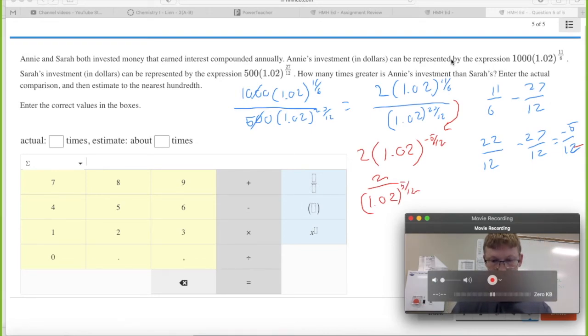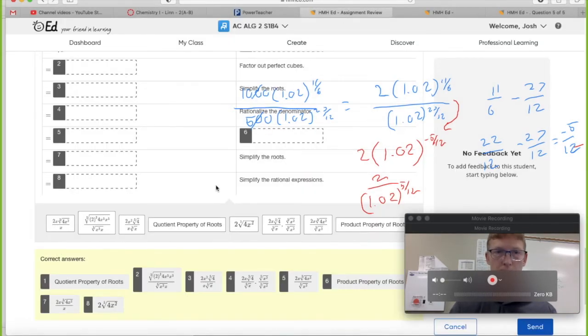Now the question is, will they take that? I don't know. Let's see what they will take.